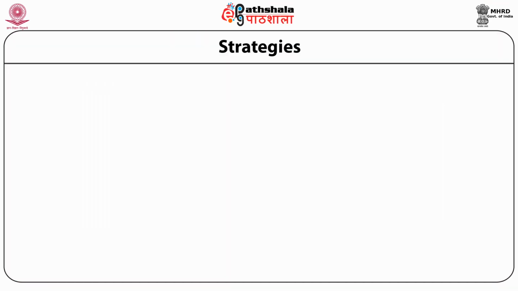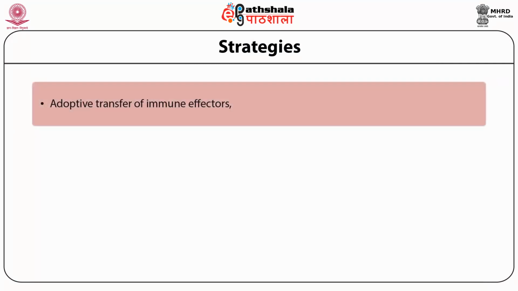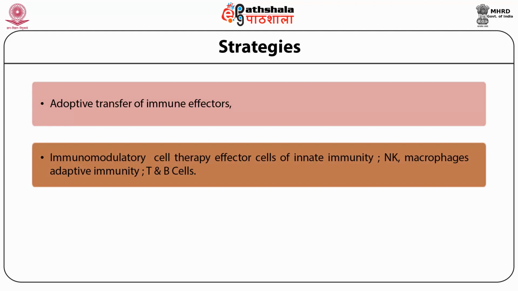What could be the strategies for cellular therapy? There is the adoptive transfer of immune effector cells. These therapies are called immunomodulatory cell therapies. These effector cells can be from the innate immunity, like NK cell adoptive transfer and macrophage adoptive transfer.